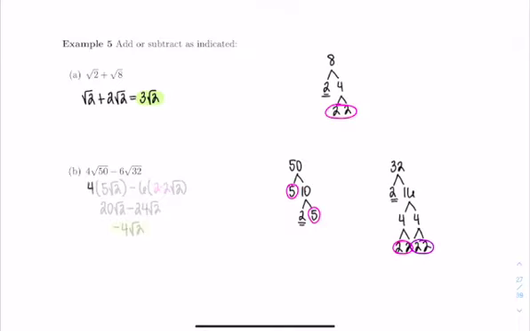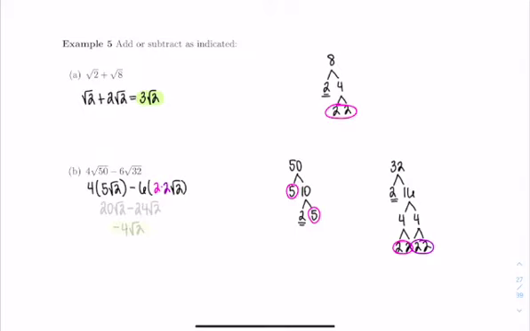So we have 4 times the square root of 50 is going to simplify as 5 square root of 2, minus 6 times the square root of 32 is going to simplify as 2 times 2 times the square root of 2.